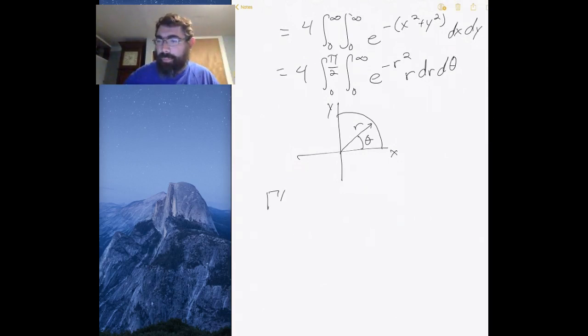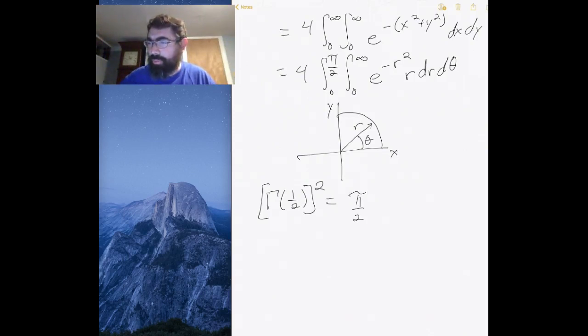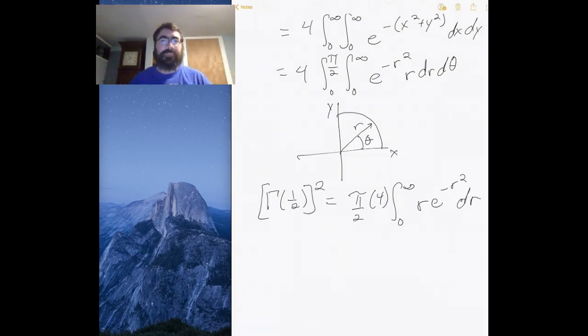So we've got the gamma of 1/2 quantity squared, which is now equal to, I can integrate over theta pretty easily, so that's pi over 2 times 4, and I'm left with the integral of 0 to infinity r e to the minus r squared dr. Okay, so let's do another substitution.